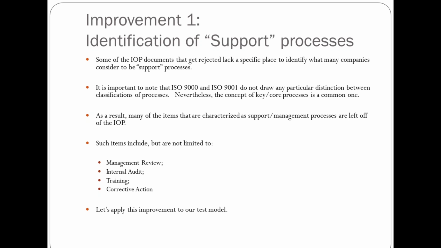However, this concept of key and core processes is very common. So what do we mean by support processes? Well, a number of things, but a few examples would include the following: management review, internal auditing, training, corrective action. So how do we fit this into our interaction of process document? Well, let's see how we can do that.